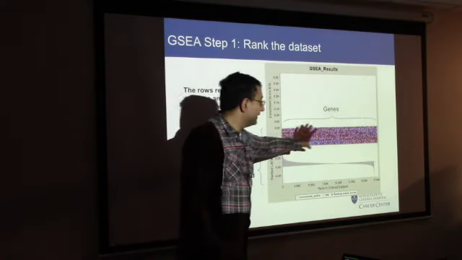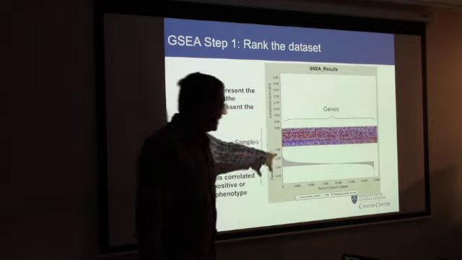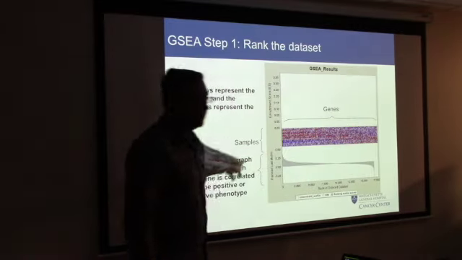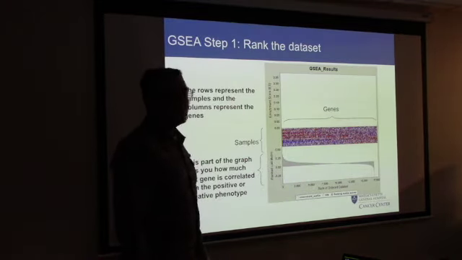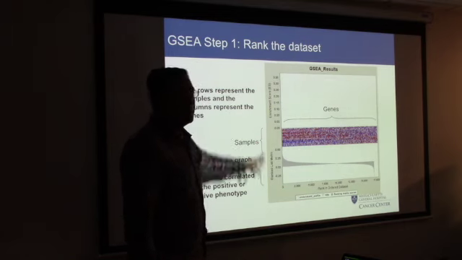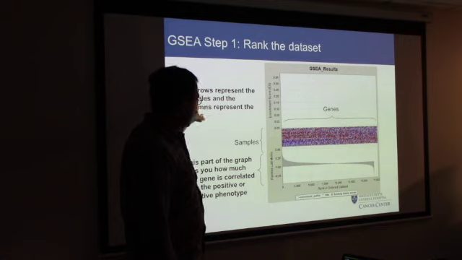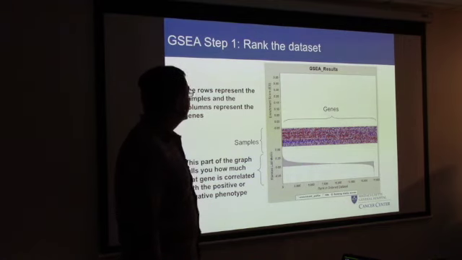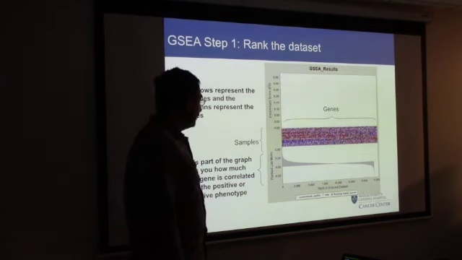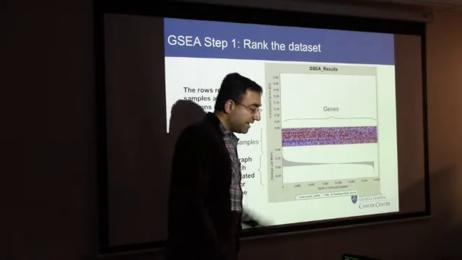Now, what's superimposed here is what you're looking at. The gradient here is the ranked list of genes for your diseased versus normal comparison. Now, I already talked about this: rows represent the samples, columns represent the genes. This part of the graph tells you how much that gene is correlated with the positive or negative phenotype in this graph.